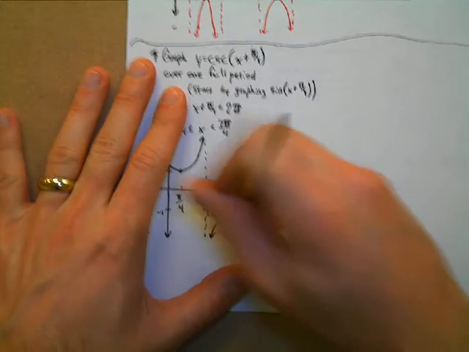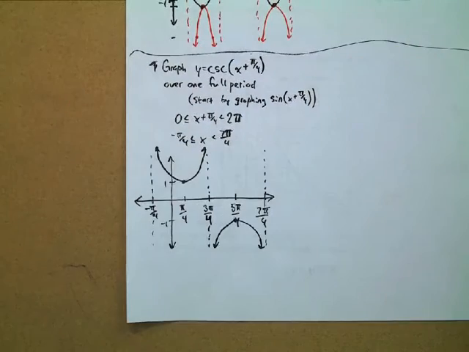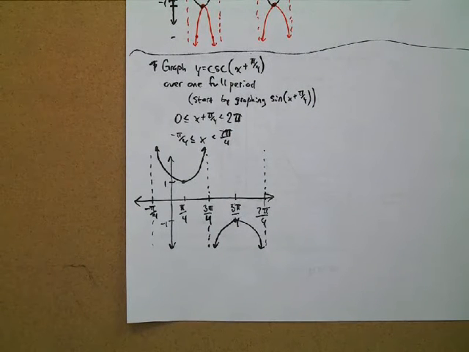All right, so there. Questions on that? All right, how about you guys try one on your own? So here we go. And then we'll look at cotangent, which is even easier than these two.